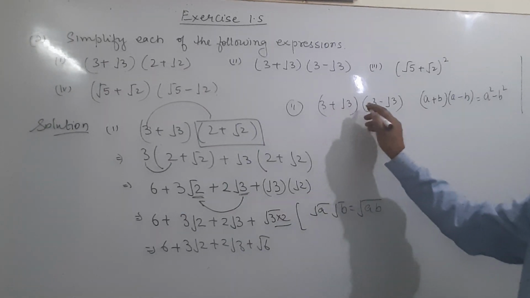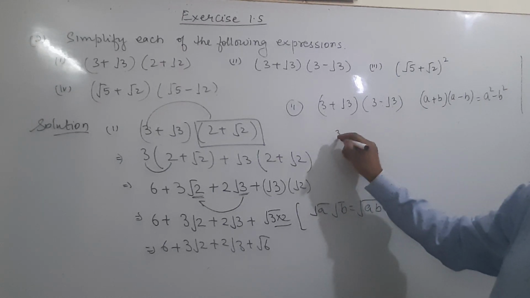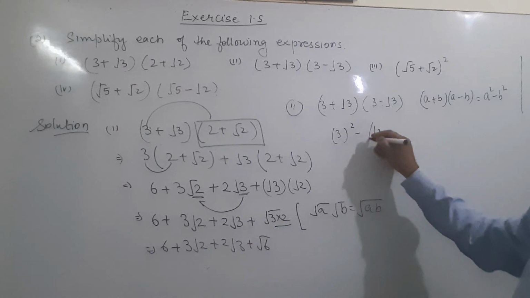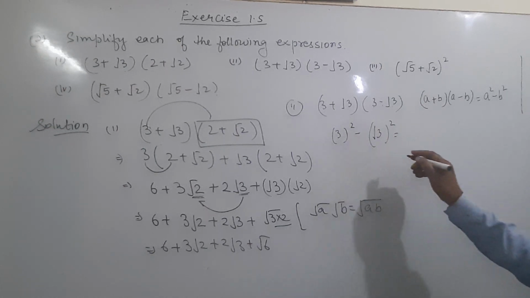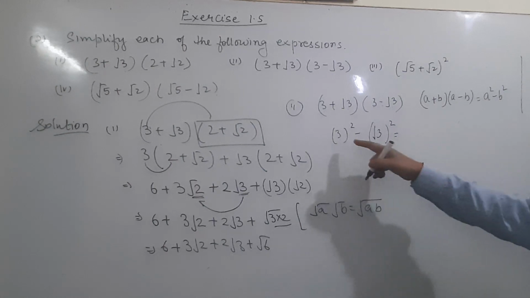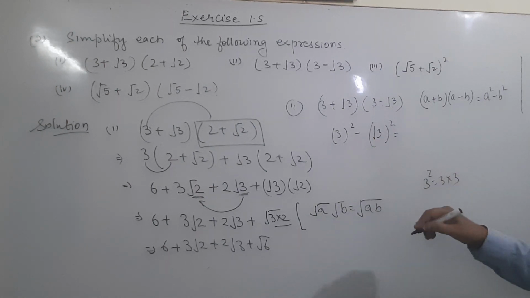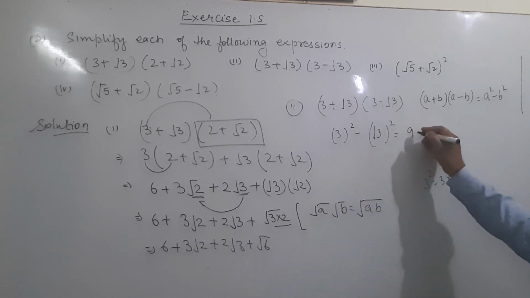a plus b into a minus b means a square minus b square. What is a? 3 square, minus, what is b? Root 3 square. Here is 3 square. 3 square means 3 into 3, and I already told you, 3 how many times we have to multiply? 2 times. So 9.